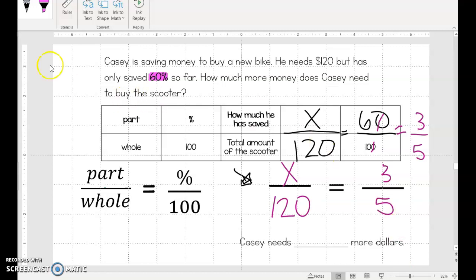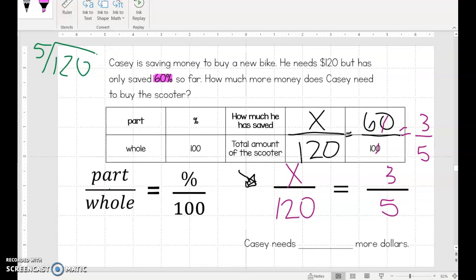Now from here I can try to find a relationship. How I think about it is like this. I know that 120 can be divided by 5 because it ends in a 0, with my divisibility rules. So I'm going to do my division up here. 5 can go into 12 at least twice because 5 times 2 is 10.